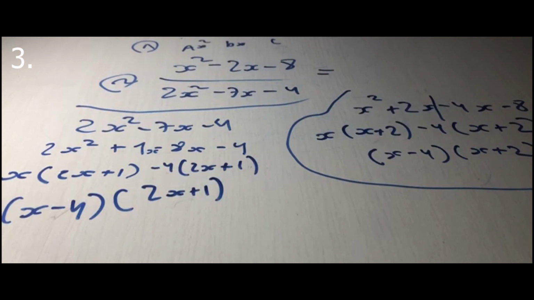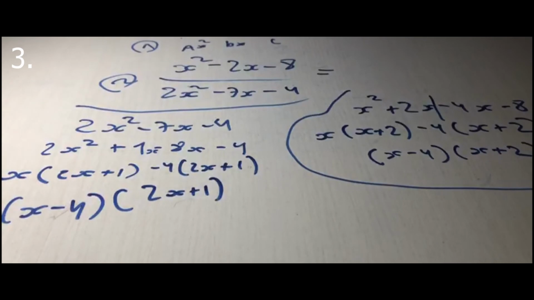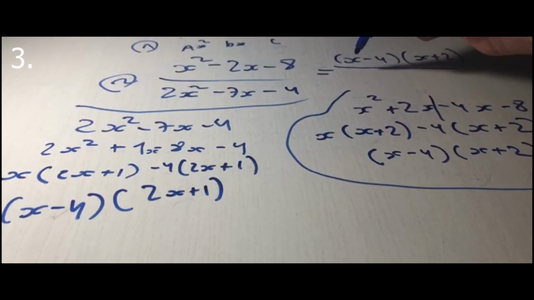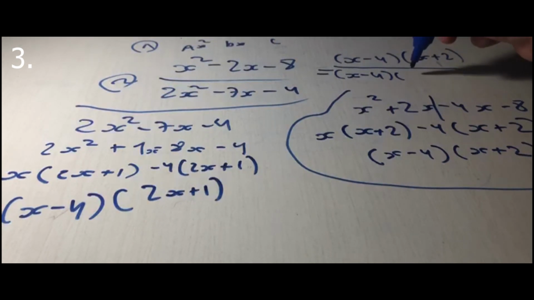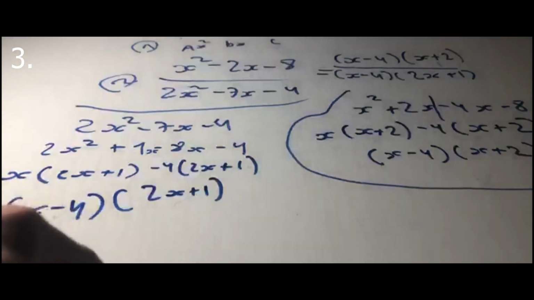Okay, what do you see in common from these two equations? x minus 4, and that's our key. So what we have to do is to get x minus 4 and x plus 2, that's the expression from here, and now divided by x minus 4 and 2x plus 1, which is this one.